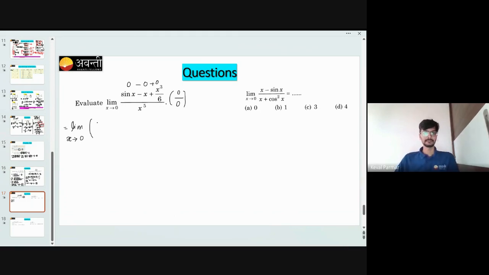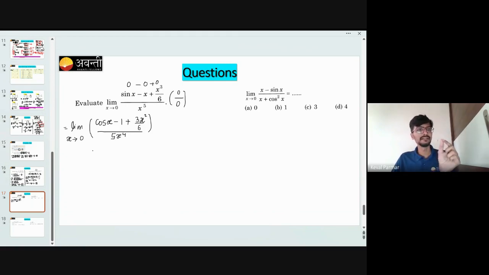The derivative of sin x is cos x, minus the derivative of x is 1, plus here 1 upon 6 will remain as it is because it's a constant in multiplication. The derivative of x cube is 3x square, upon the derivative of x raised to 5, which is 5x raised to 4.